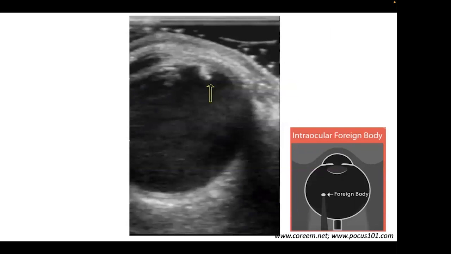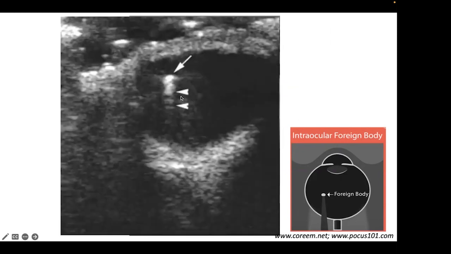Foreign bodies can also be seen on ocular ultrasound. They will typically show up as a hyperechoic structure within the eye, such as this example here, or this example here.